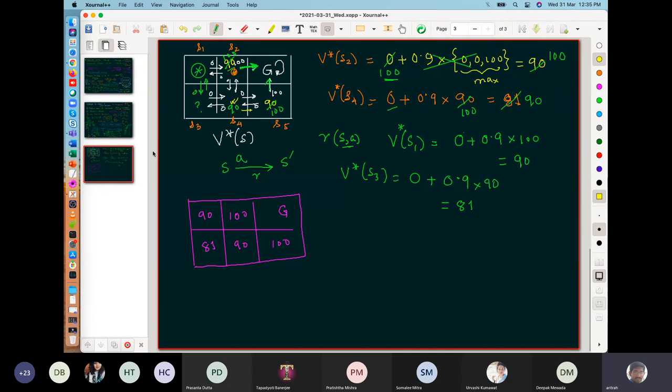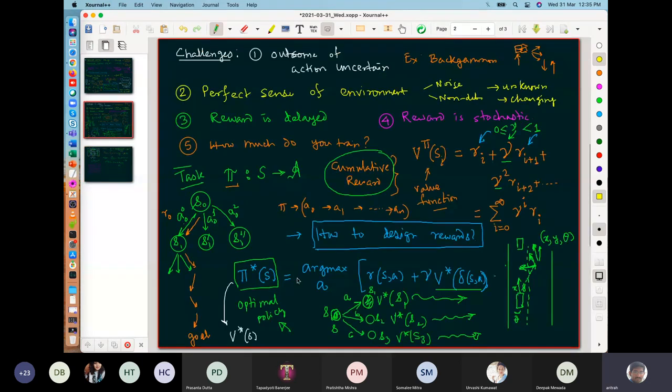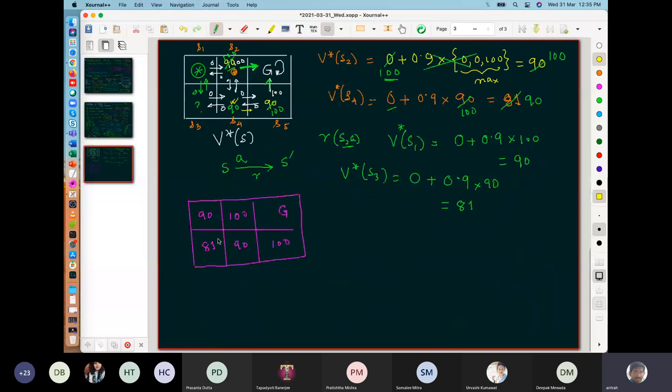Now, what will be my policy? My policy would use the value function and immediately move to where I can go best. So I can go this way, I can go this way, I can reach this. Or there will be an alternate policy; this is also an alternate policy, right?